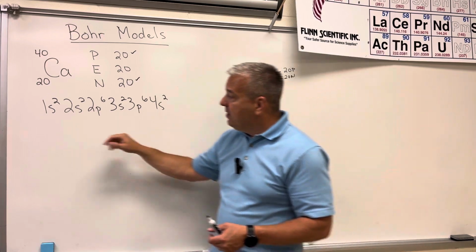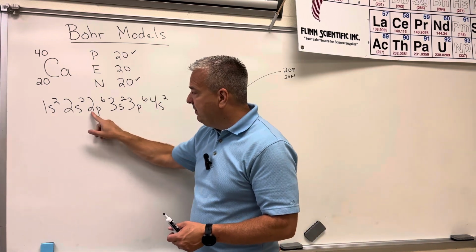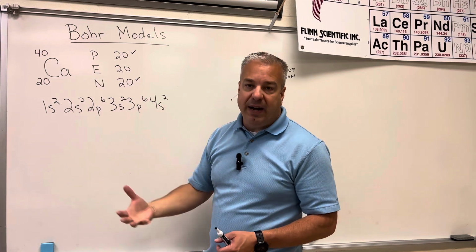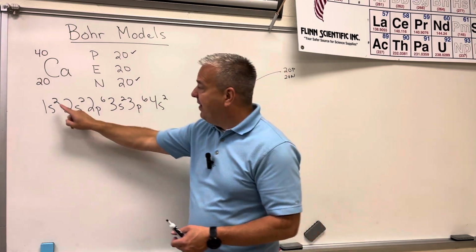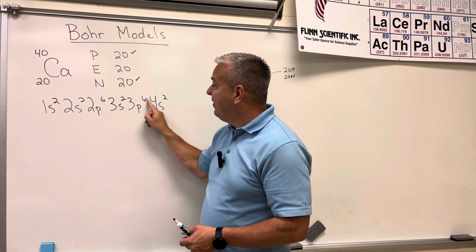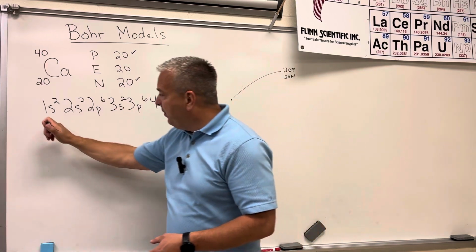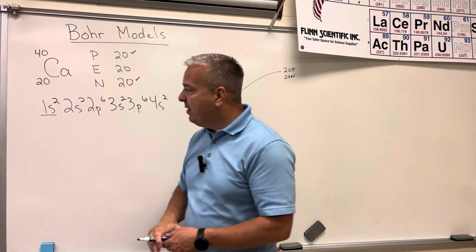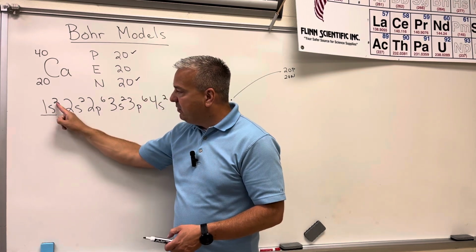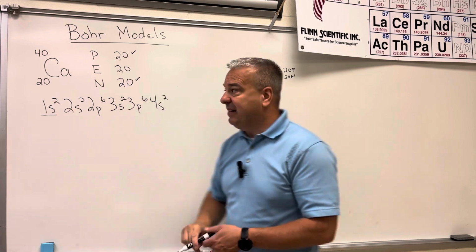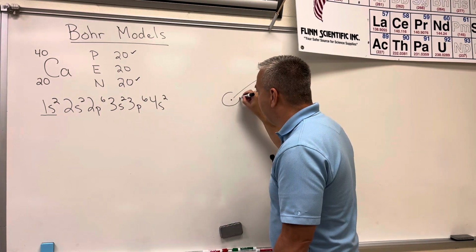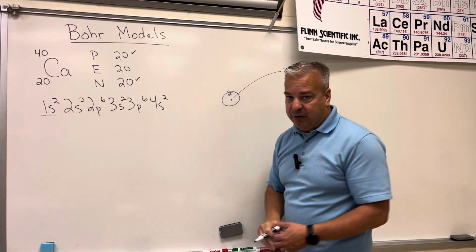So these big numbers tell you what ring the electrons are on. The exponents tell you how many electrons are on that ring. The only thing that has the big number 1 in front of it is the 1s2. So I look at the exponent. That tells me there are going to be 2 electrons on the first ring.